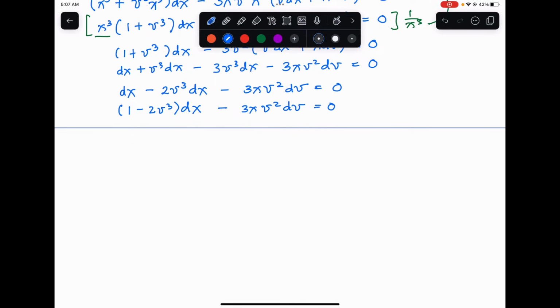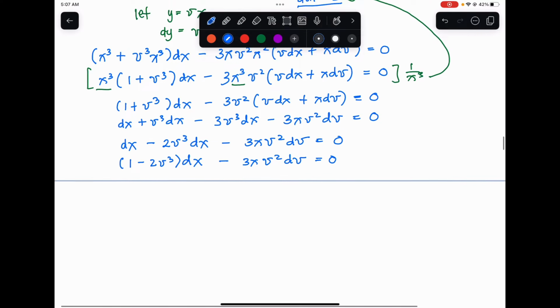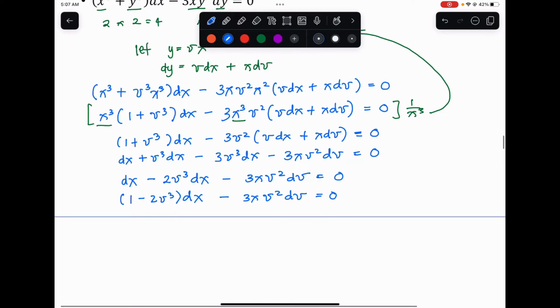Once we are done, the homogeneous equation will be transformable into a separable equation. So this is the process: substitution, then cancellation of the degree of homogeneity, then performing the operation.